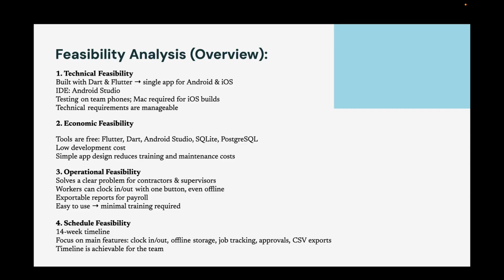And then our operational feasibility was also very high since we were helping a lot of small businesses that wouldn't usually have access to a free or low paid app on this level. And then our schedule feasibility was a 14-week timeline, which did seem doable to fill in all of our features, clock in, clock out, offline storage, job tracking, approvals, our report exports.